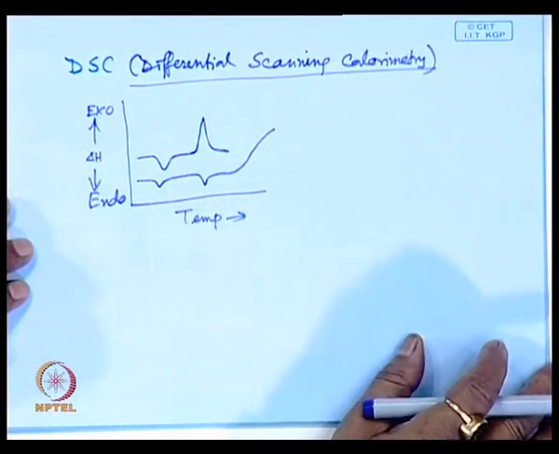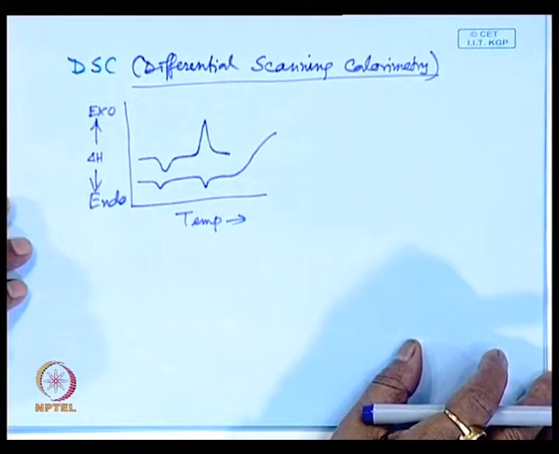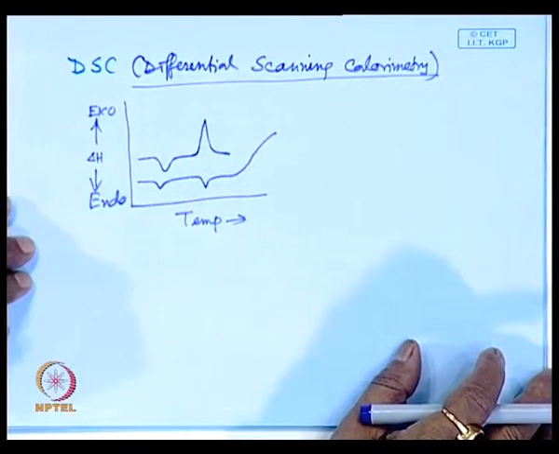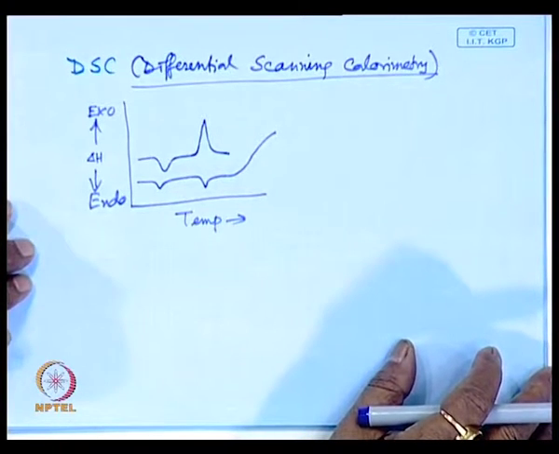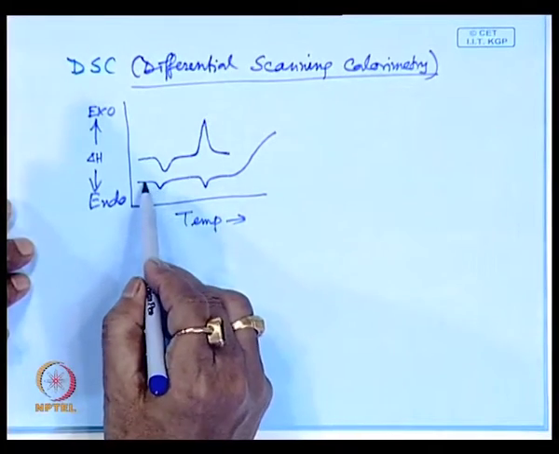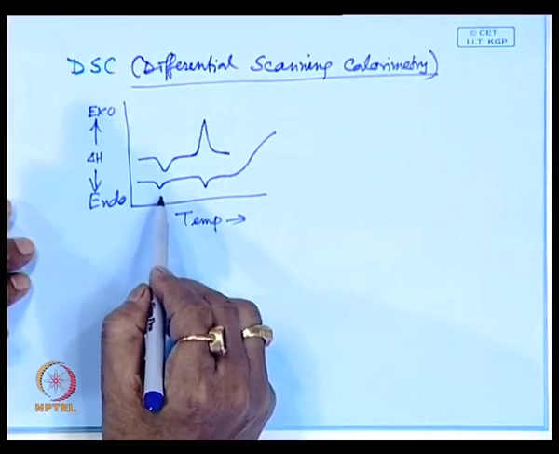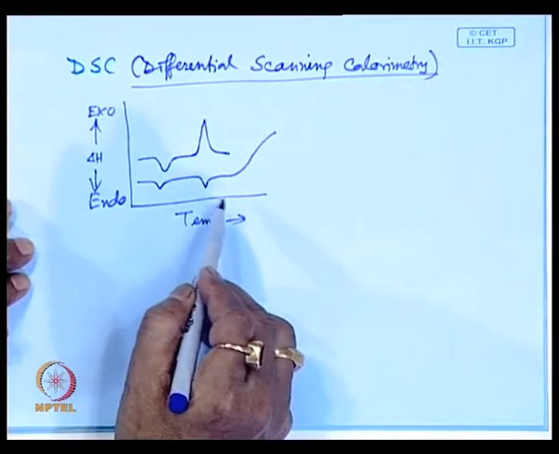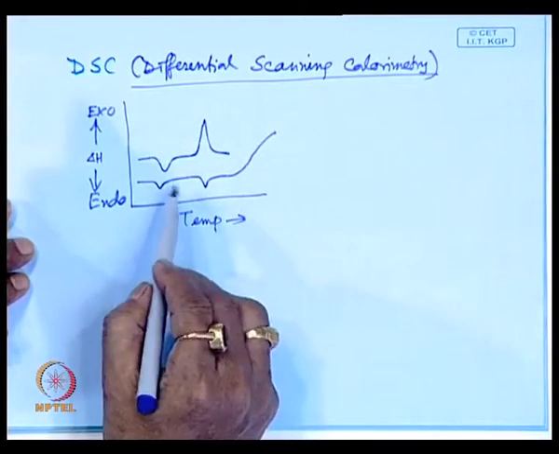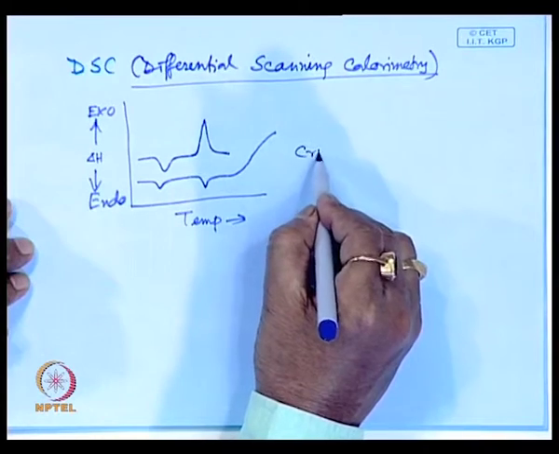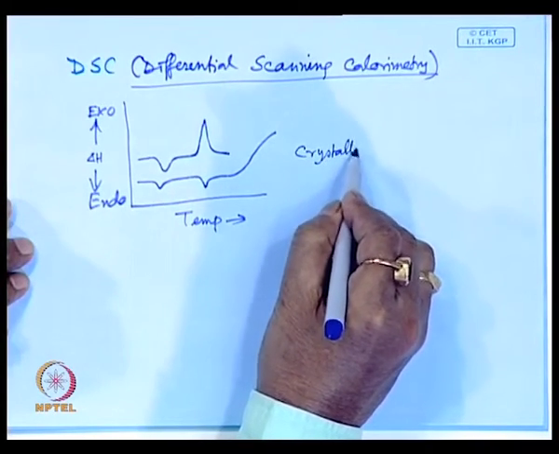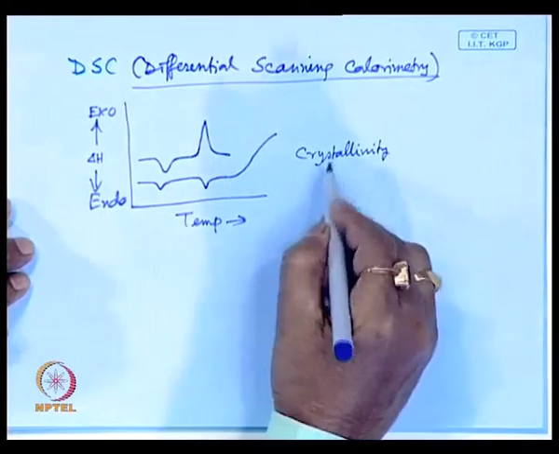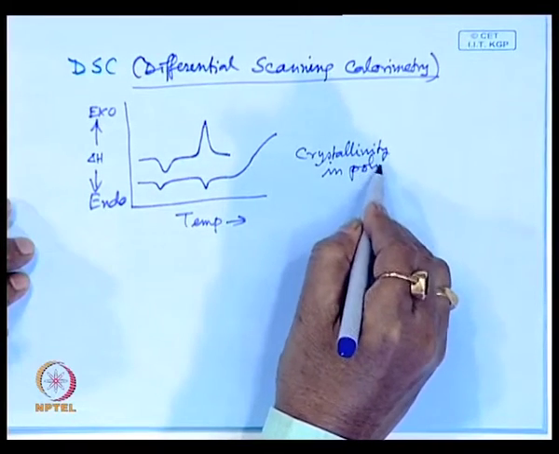So, whenever you will be reading the characterization of materials, there you will know the detailed principle of differential scanning calorimetric analysis. But this can help knowing the glass transition, knowing the melting transition temperatures, as well as the crystallinity in polymer sample.